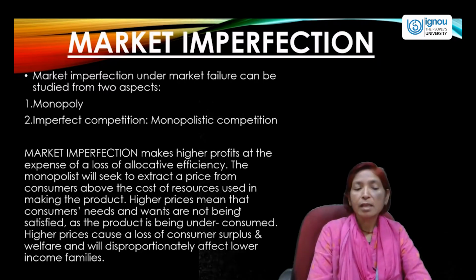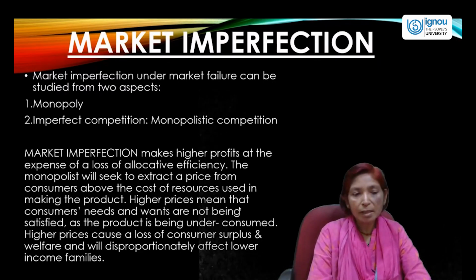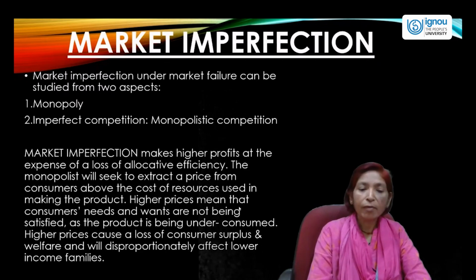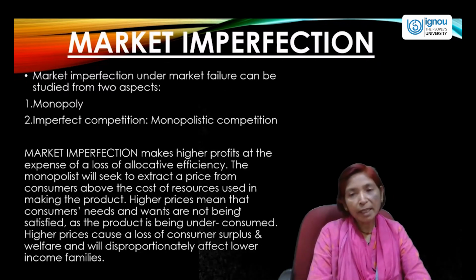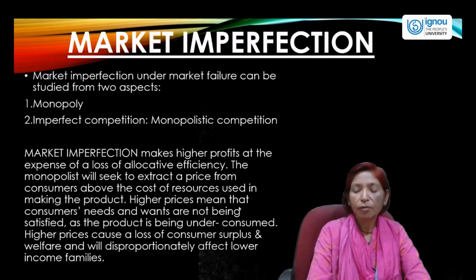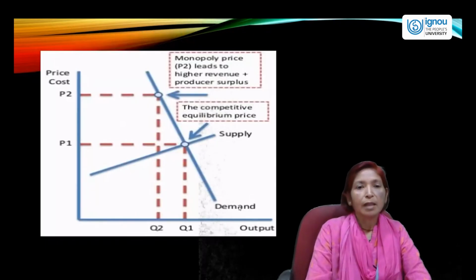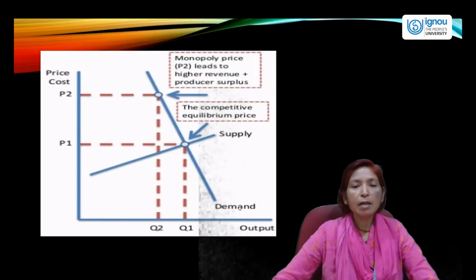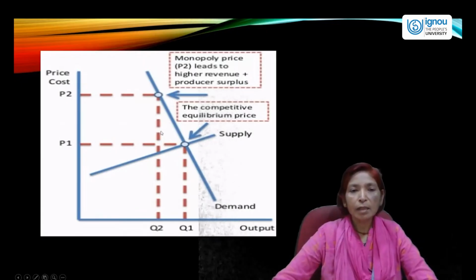In this case, higher price will cause a loss of consumer surplus and consumer welfare, and it will create the problem of market failure. Here demand is less elastic and supply is more elastic.